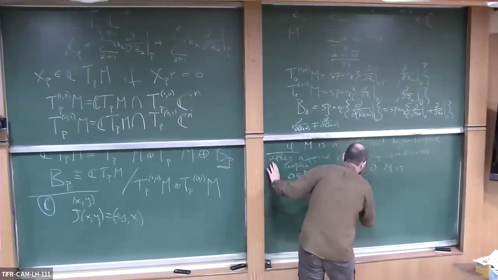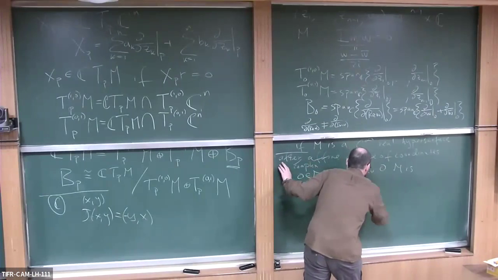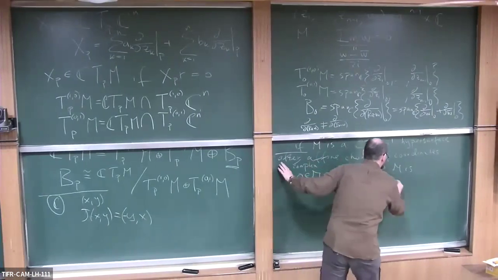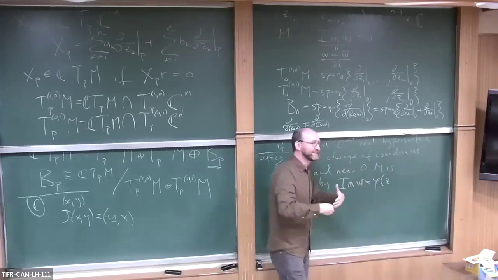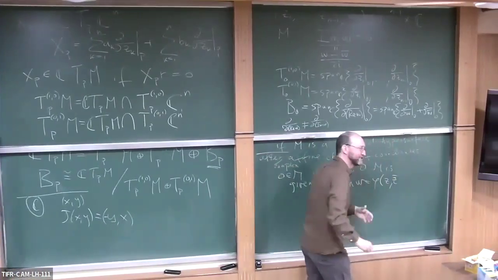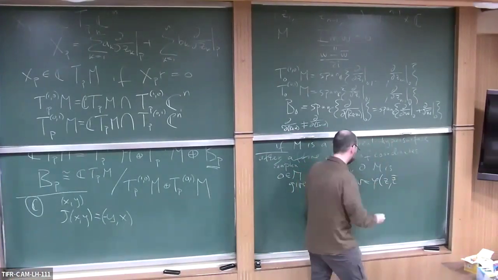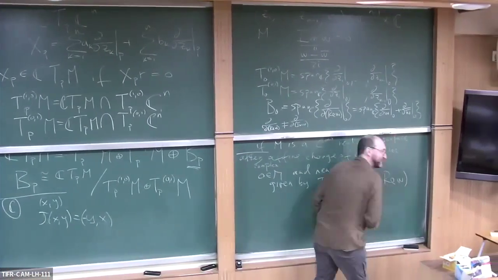M is given by the imaginary part of w equals some function phi of t and z, z bar.